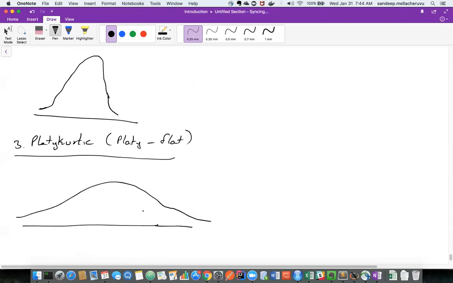The peak is not that much, right? The peak is low, but when the peak is low, the tail will be large. When I say this part and this part, the tail will be large.